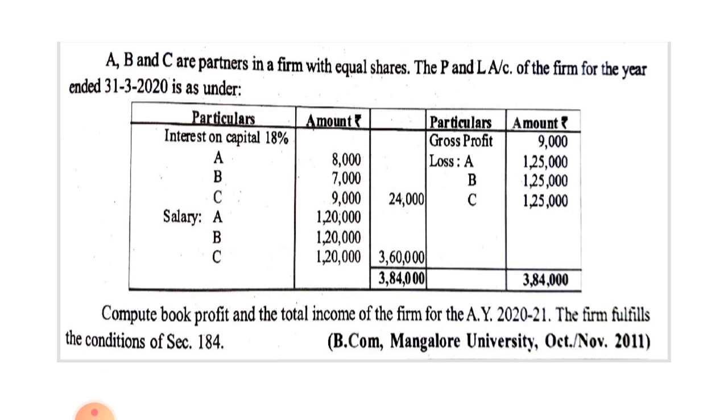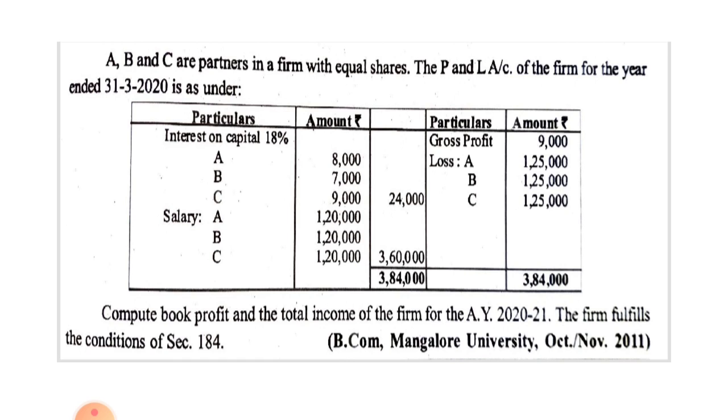Compute book profit and total income of the firm for the assessment year 2020-21. The firm fulfills the conditions of section 184. Section 184 is relating to assessment of firms and its rules. As per this problem, you have to calculate book profit and total income of the firm.